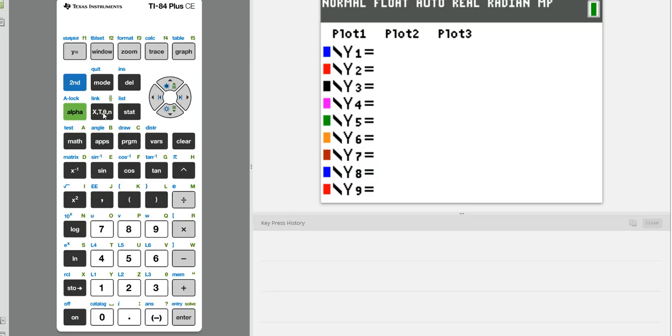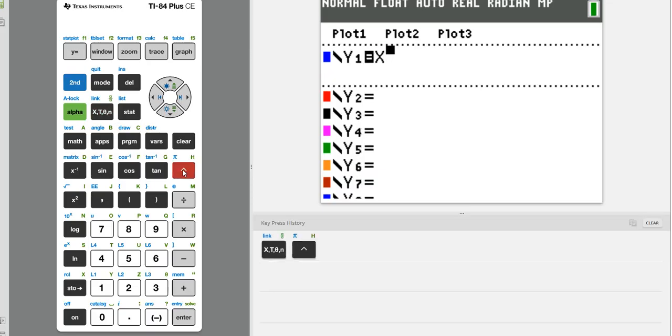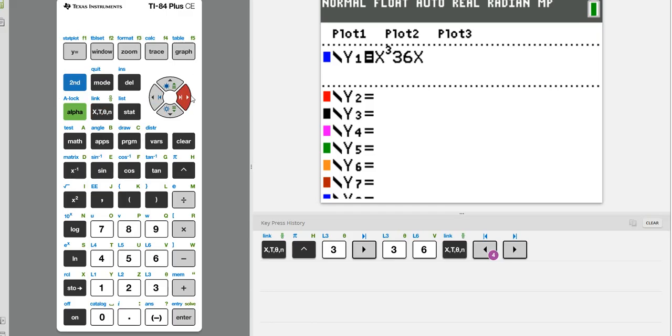So here's your x raised to the 3rd power. Press the right arrow to get out of the exponent. Then 36x. Oops, I should probably put a minus sign in between there. The cool thing is that if you make a mistake like this, you can hit the 2nd key and then insert. So there you go.